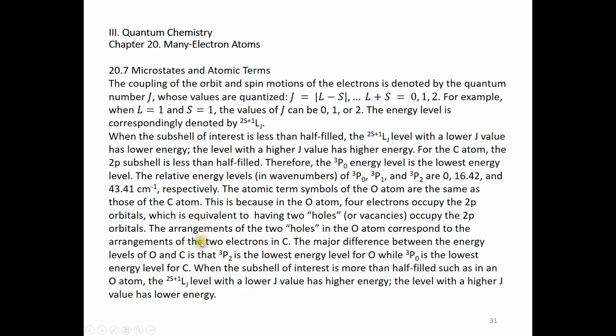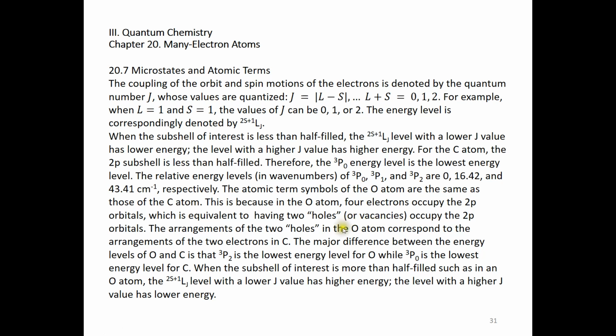The main reason is when we are looking at the atomic terms of oxygen, we are looking at not the two electrons. We are arranging two holes or two vacancies in the 2p orbitals. So that's just the opposite to arranging two electrons in the 2p orbitals.